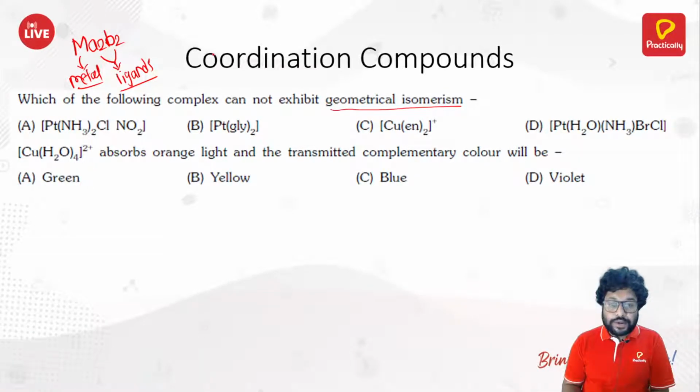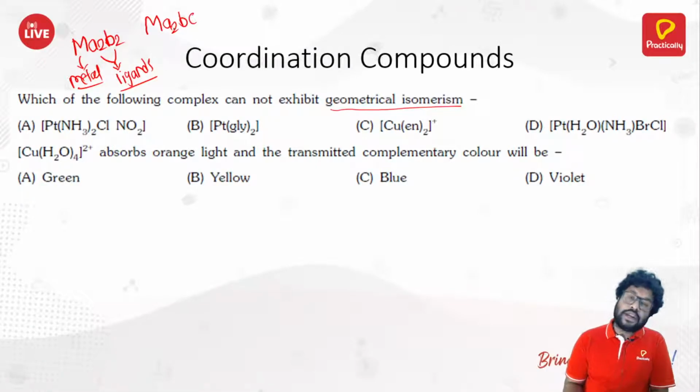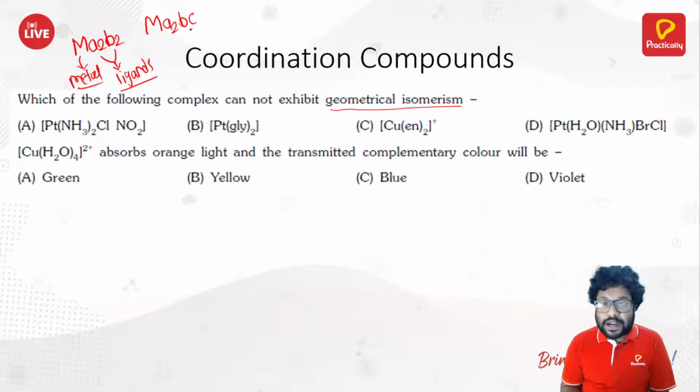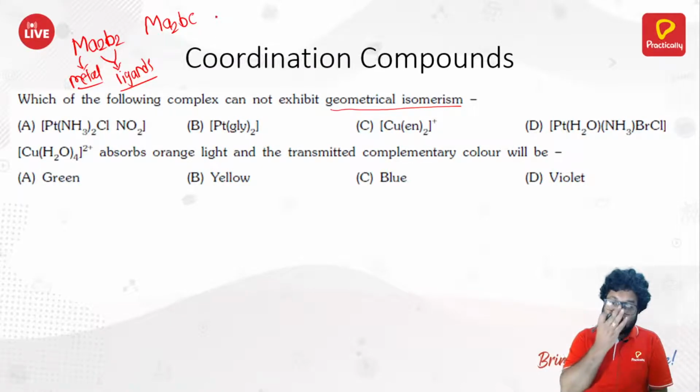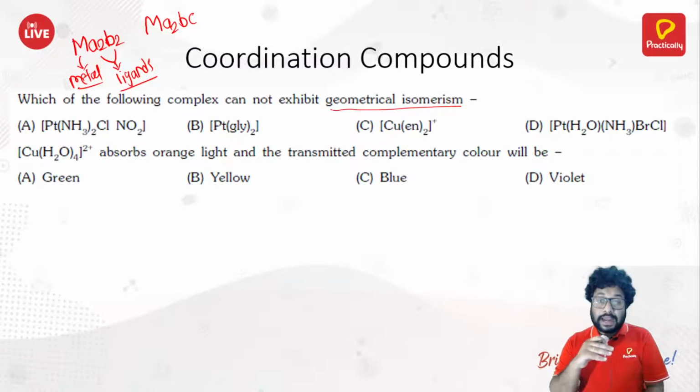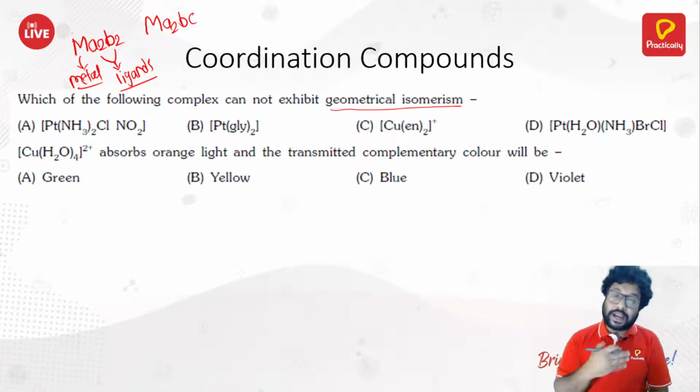So the M(A2)(B2) system can show geometrical isomerism. Then M(A2)(BC) can also show it, where there are 2 same ligands and 2 different ligands, B and C. M(A3)(B) cannot show geometrical isomerism, and M(A4) or MB4 also cannot show geometrical isomerism.